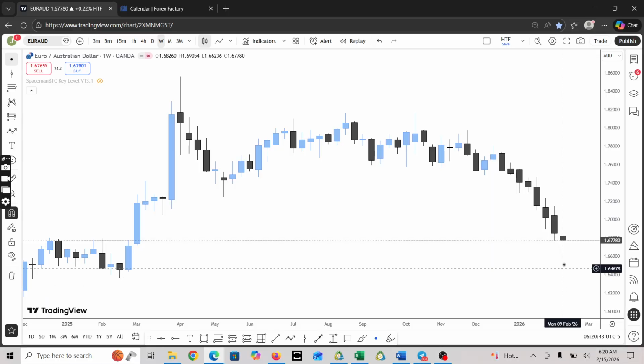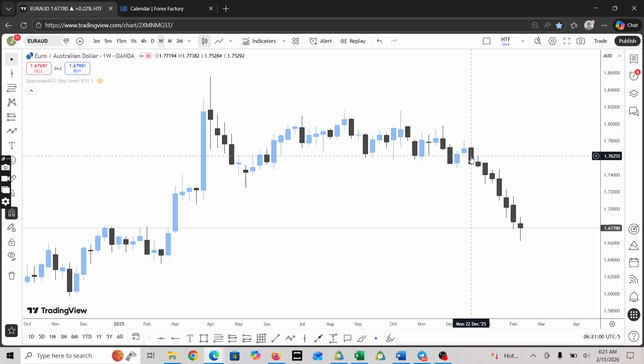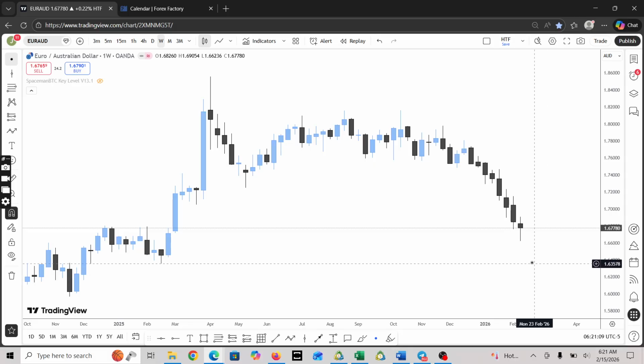Previously, I had this mark, and you can see from the weekly that this is sort of a huge consolidation after this huge run up, all right? But the past few weeks, since around December 22nd, it's been trading down. The Euro has been very weak as opposed to the Aussie.